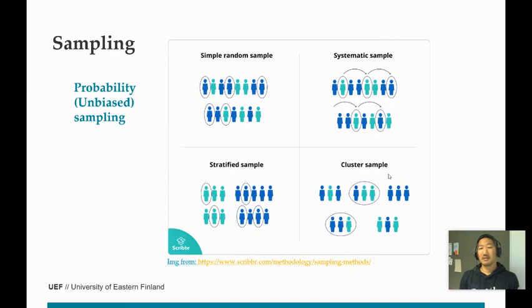In this method, we put the individuals into clusters. So instead of picking individual samples, we pick the clusters randomly. For instance, if there are 100 schools in the UNC area, you put the schools in order from 1 to 100 and use the simple random sample method to decide which schools to pick.